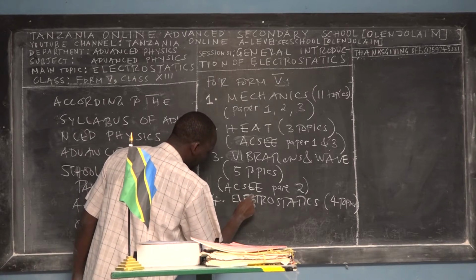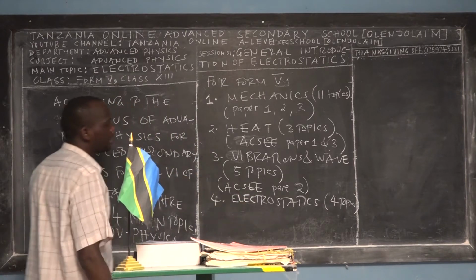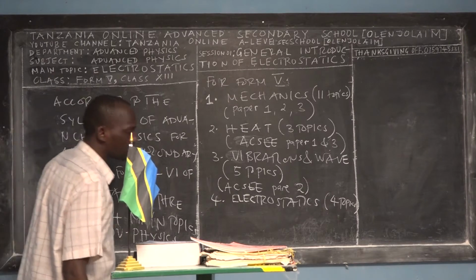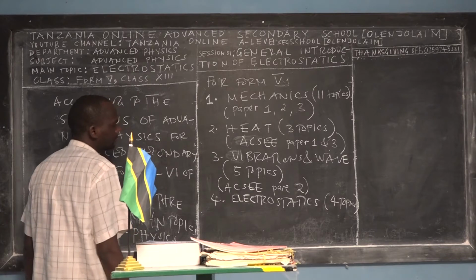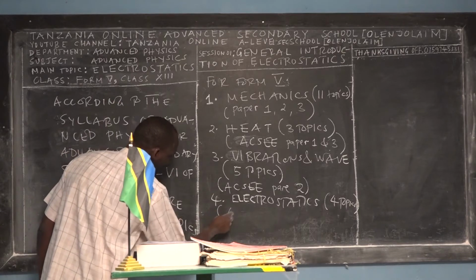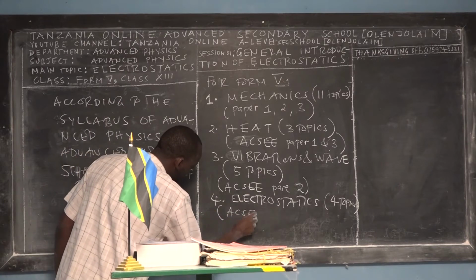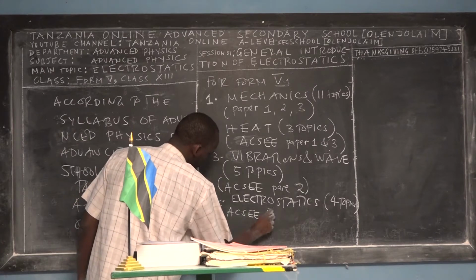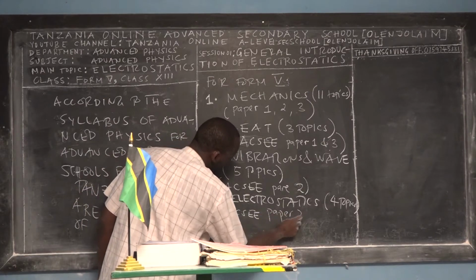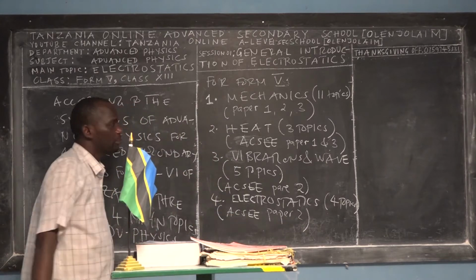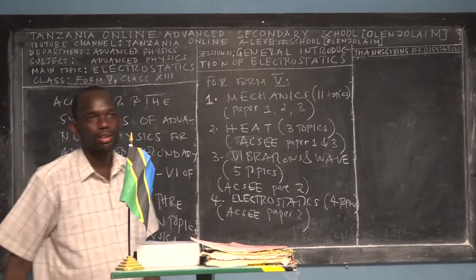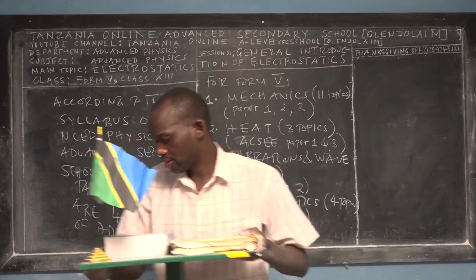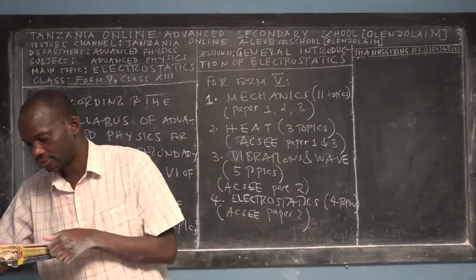It's not mentioned in the syllabus, but we cannot learn the other 3 topics without learning about it. This one also appears in the Advanced Certificate Secondary Education Examination, possibly paper 2. I'm not sure, but it won't appear in paper 3. Okay, so this is the big picture of physics for the Form 5.